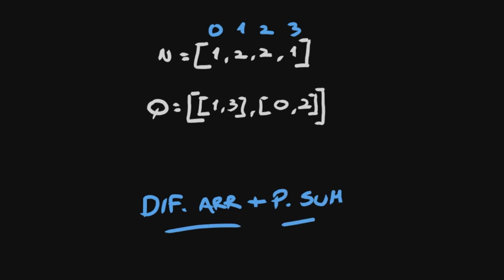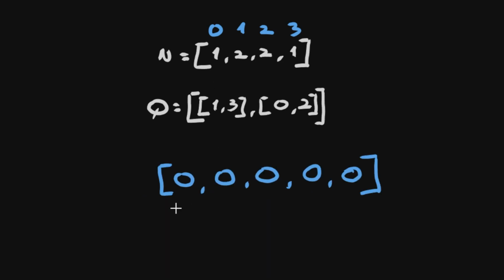So let's see how this works. First, we want to build an array with all zeros of length n plus 1. You will see why in a few minutes. So this has 4 elements and this has a length of 5. And next, we are iterating every one of these queries, and each time we want to add the effect of each one of these queries into this new array.